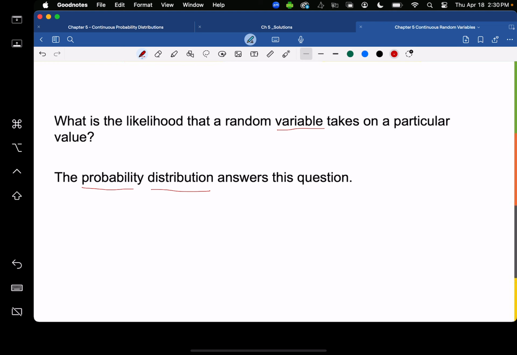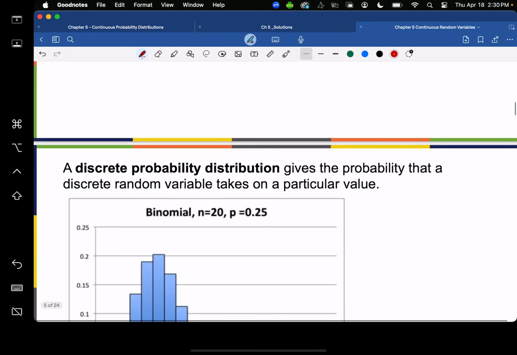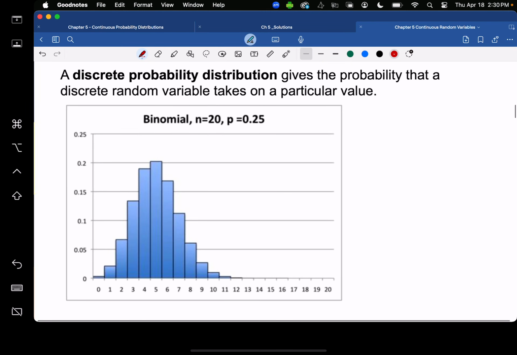The probability distribution answers this question. So a discrete probability distribution gives the probability that a discrete random variable takes on a particular value.